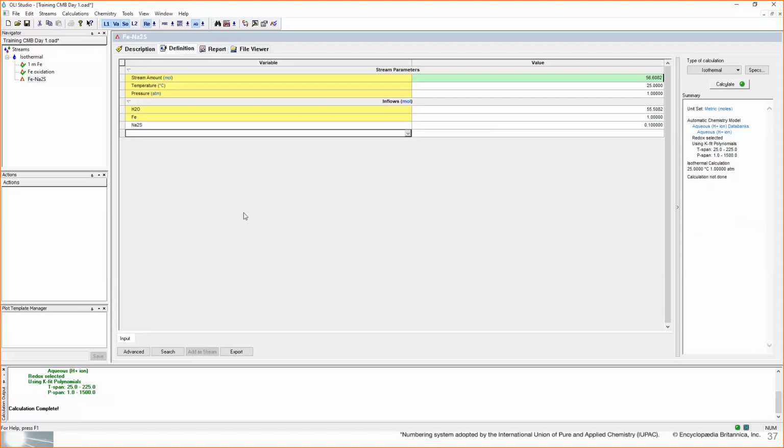Once I do that, you can go again to this redox. Next to it there is this drop-down arrow, and you'll see that now only those 2 oxidation states are being taken into account. So I leave it like that, and one more time, we will calculate this.